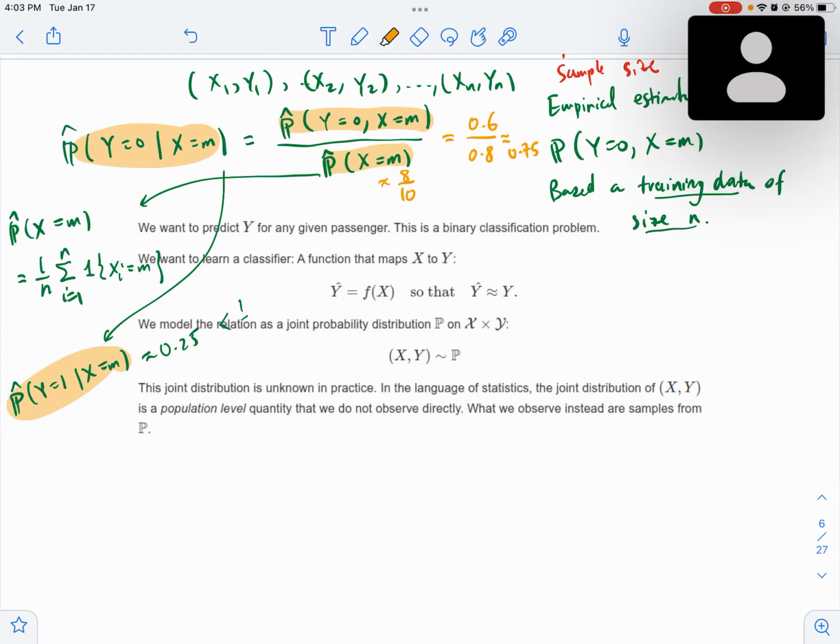Classification is a lot easier task than, for example, regression. In regression, I want to recover this probability accurately. In classification, I don't need the exact probability. I just need it to be on the right side of 1/2. Binary classification. We'll see this more and more later.